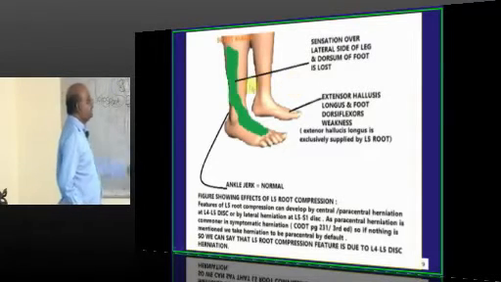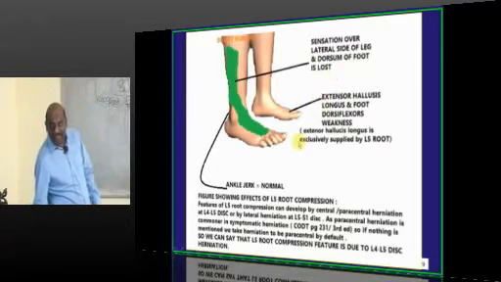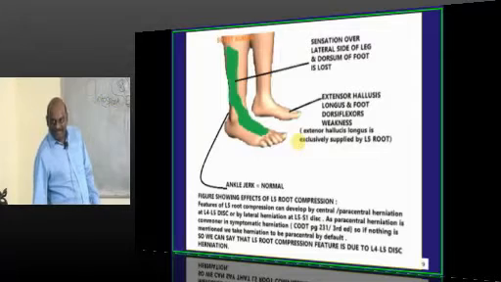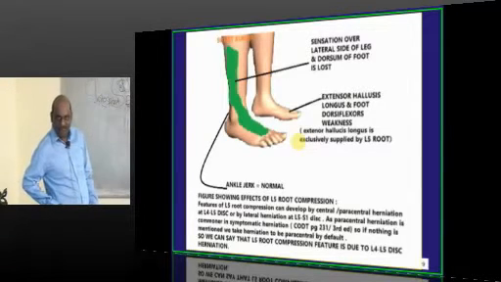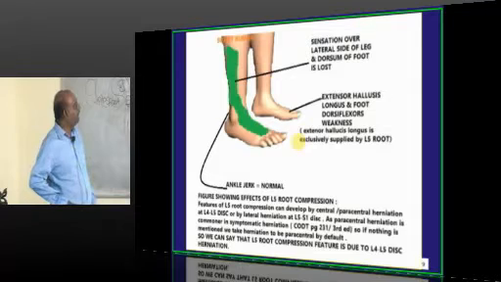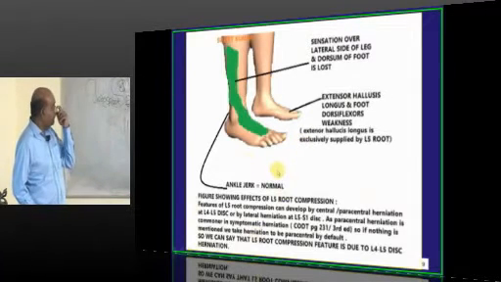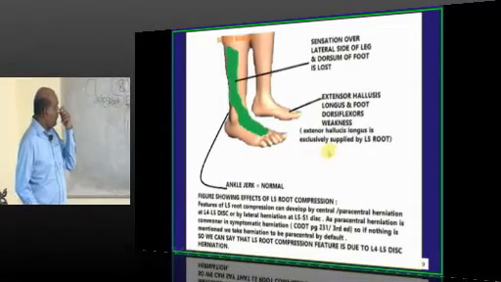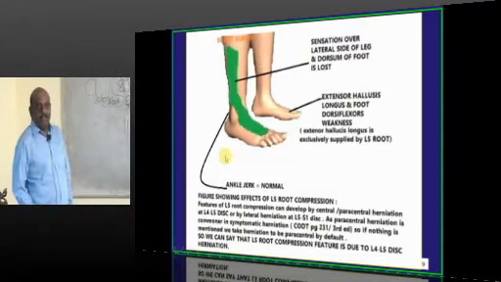Okay. Then what else? आपके L5 के नीचे होता है S1. S1 के वजह से होता है ankle jerk. S1 is not affected. L5 compression हो गया तो ankle jerk won't be affected. Right? So this is what you need to appreciate.